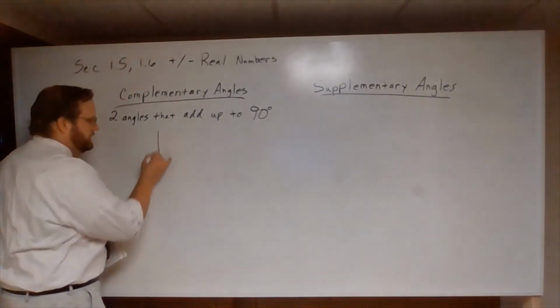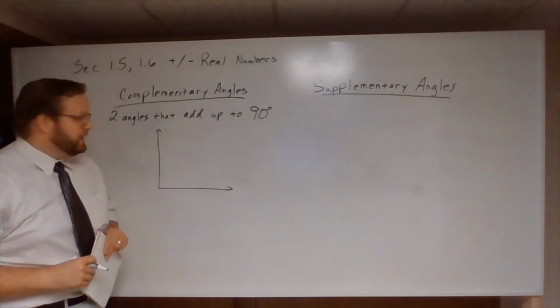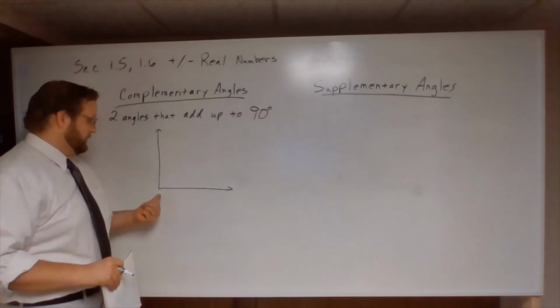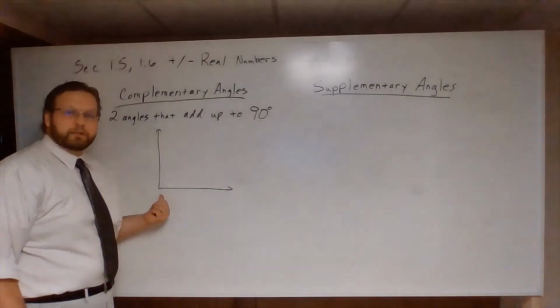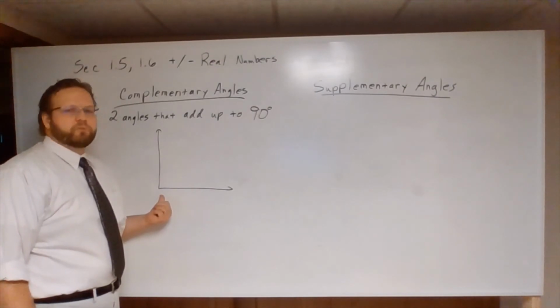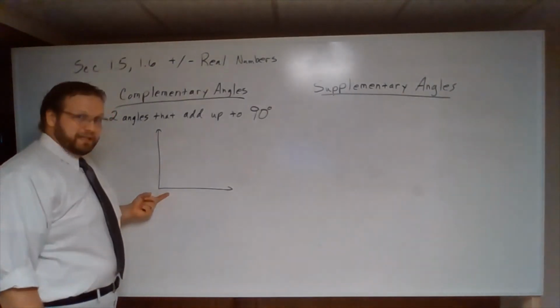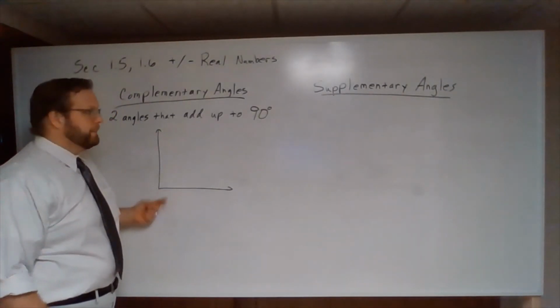For instance, a 90-degree angle typically looks like that. If this was a geometry class, there is no way we can assume that that's 90 degrees, because it could be 89.9 or it could be 90.3 or something like that. However, in this class, if you see something like this, it's 90 degrees, okay?